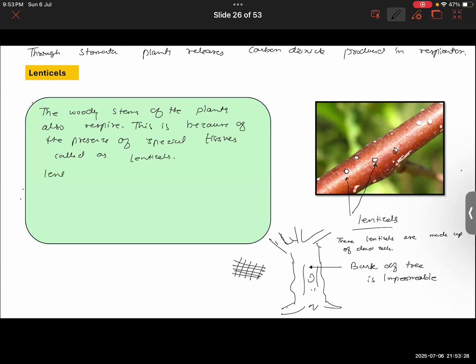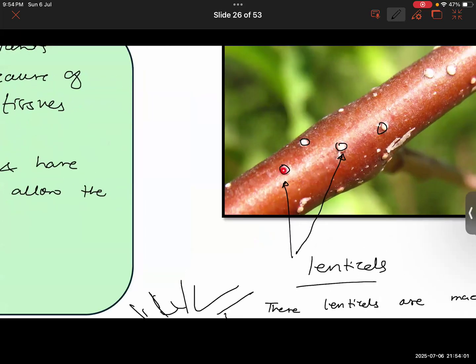Further, lenticels are dead cells and have tiny pores in them which allow the exchange of gases. Also, as the name suggests, lenticel has a lens-like shape.